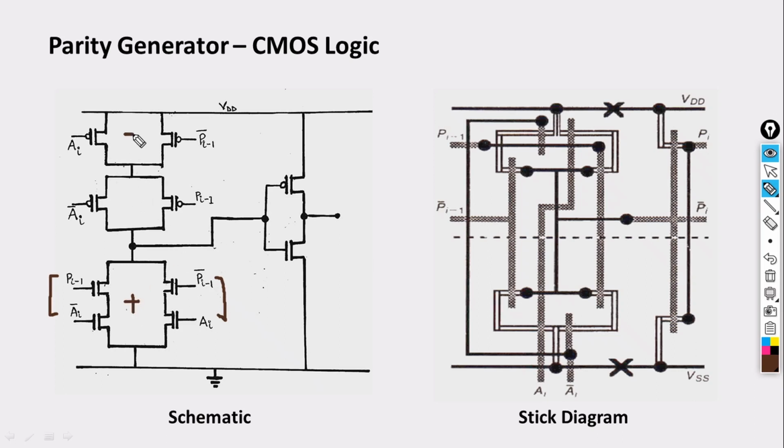Here again this is going to be a parallel input, because of the cross symbol, and this is our plus symbol, that's why these two blocks are in series. This is going to be Pi bar that I have over here, but actually I was interested in Pi, so I'll be needing one inverter over here.